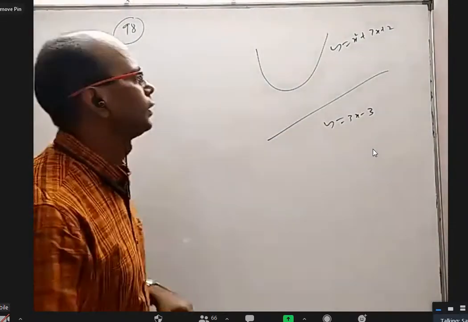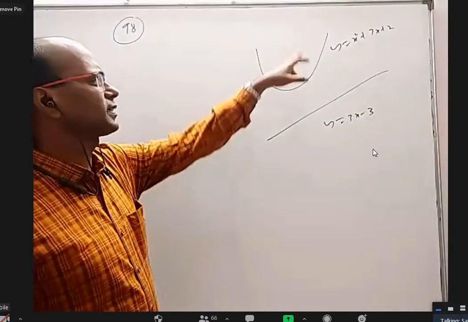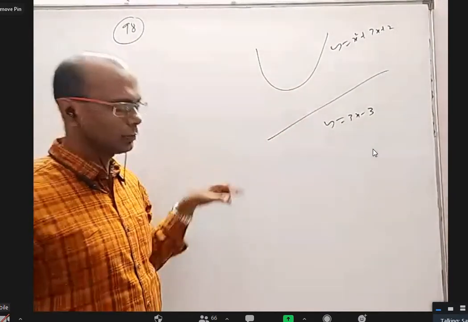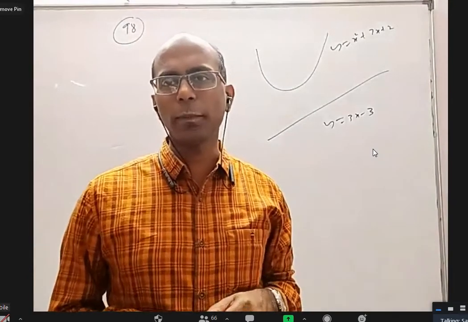Out of all the points, what is the closest distance? Whenever P is a variable point on one curve and Q is a variable point on another curve, the least value or the maximum value of PQ will happen at the common normal.